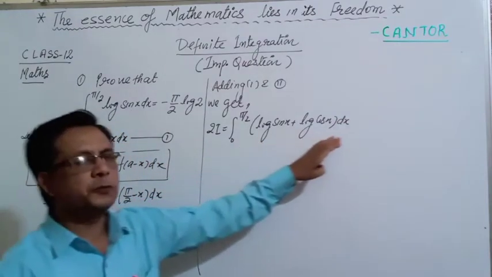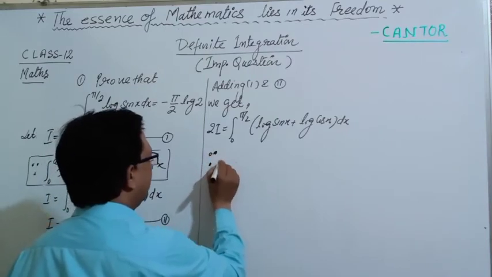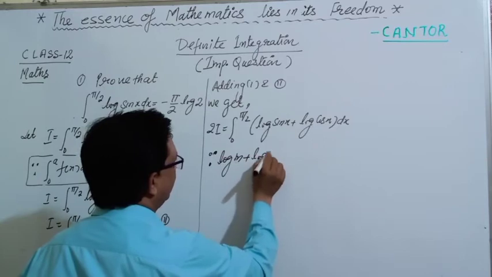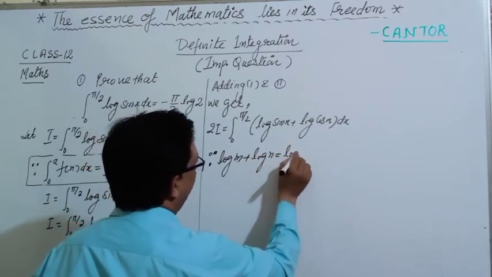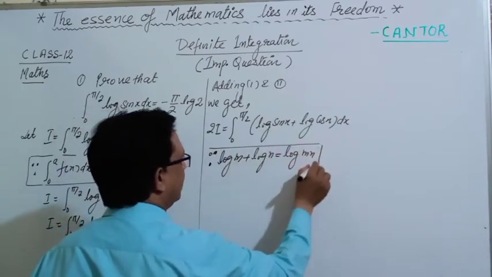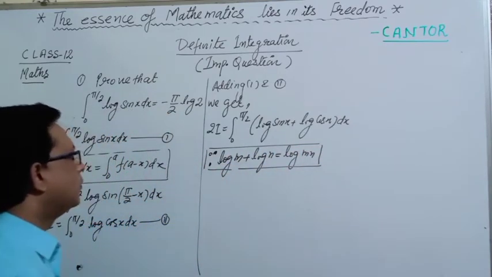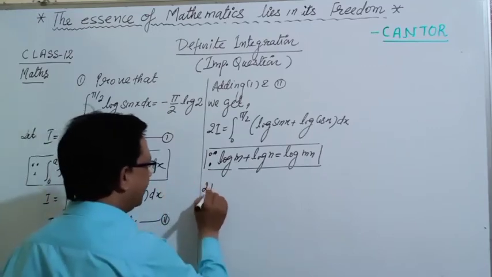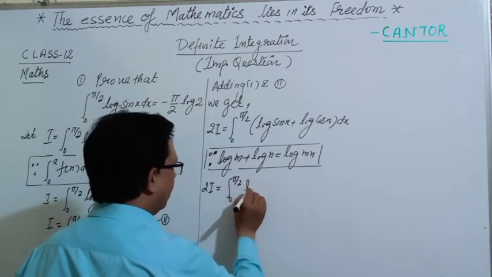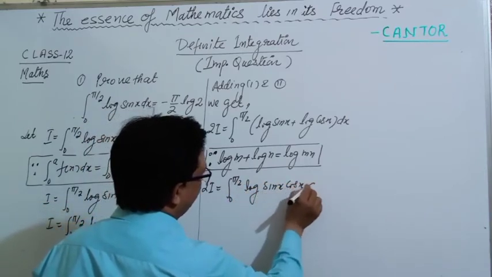Now here we use the property of log. What is the property of log? The property of log is log m plus log n is equal to log of mn. So we use this property here. Our integral becomes 2I is equal to the integral from 0 to pi by 2 of log (sin x cos x) dx.